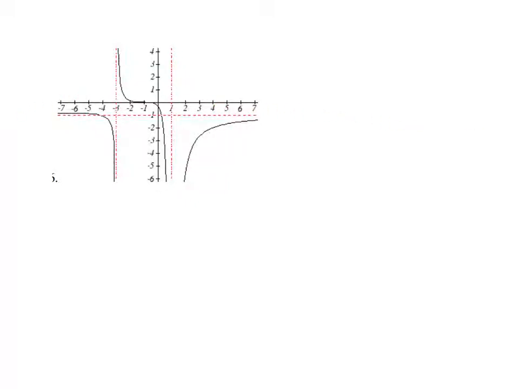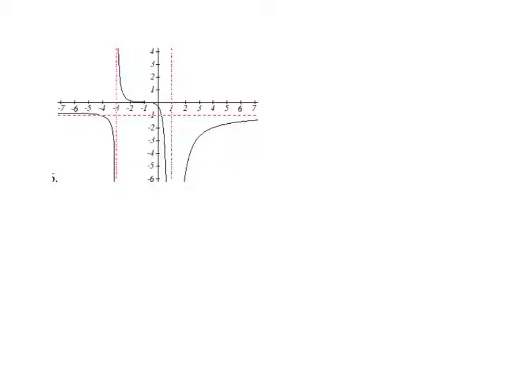It'll settle down and become that horizontal asymptote y equals negative 1. So it's okay for a function to cross a horizontal asymptote, since you're just worrying about what happens out at infinity. That won't happen for a vertical asymptote, because if it crosses the vertical asymptote, it's not a function, because it's not defined there.